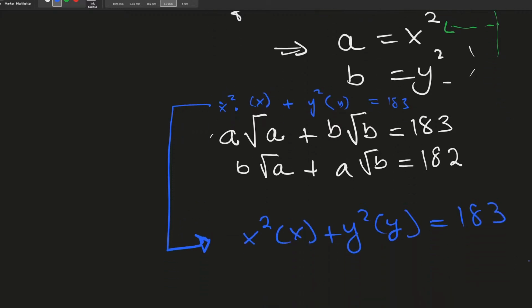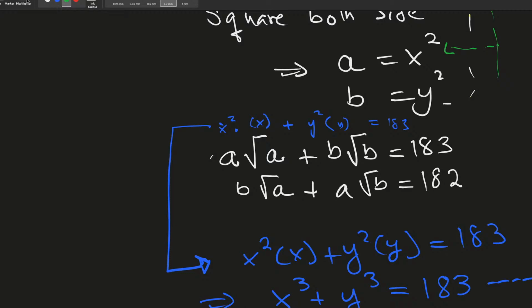Further, I can expand this, and we know that x squared times x will give us x cubed, and y squared times y will give us y cubed. Then this will be equal to 183. Then we can confidently call this one equation 1. Friends, this is not anything difficult. Now let's go back and resubstitute the variables we saw earlier.